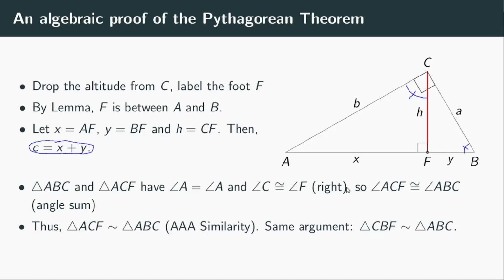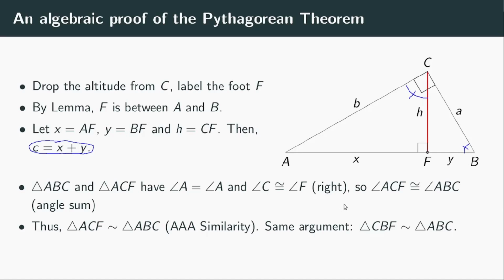So now I have that the three angles in ACF are equal to the three angles in ABC, and therefore by the angle similarity theorem, we get that this triangle here on the left of my altitude is similar to my big triangle.